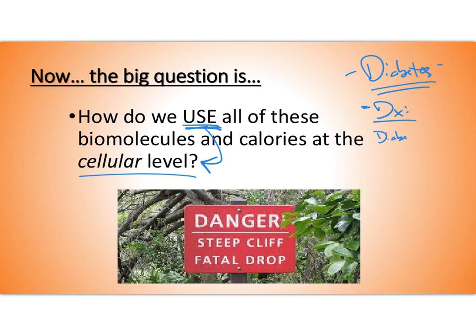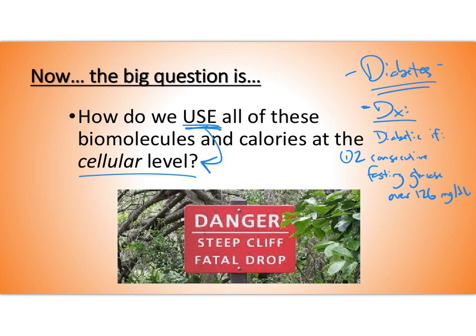So we would diagnose someone as diabetic if, the first thing, they had 2 consecutive fasting glucose levels over 126 milligrams per deciliter.